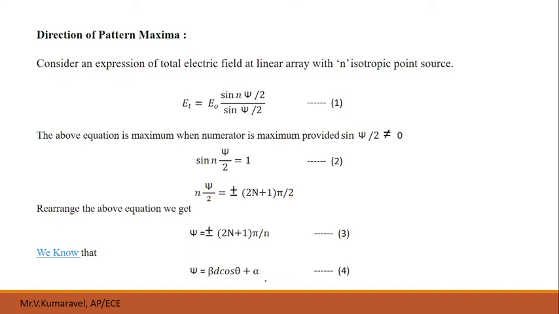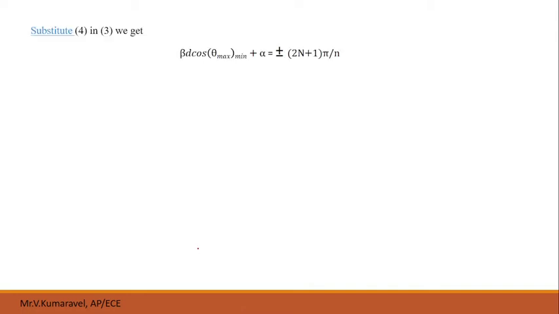Now let us substitute equation 4 in equation 3. Instead of xi we substitute equation 4, so we get beta d cos theta maxima of minor lobes plus alpha equal to plus or minus (2N plus 1) pi by n.